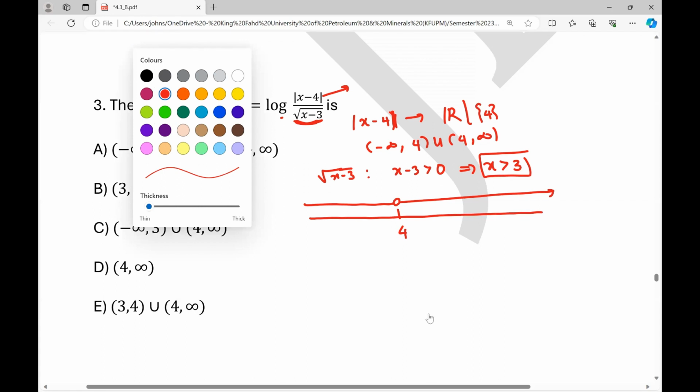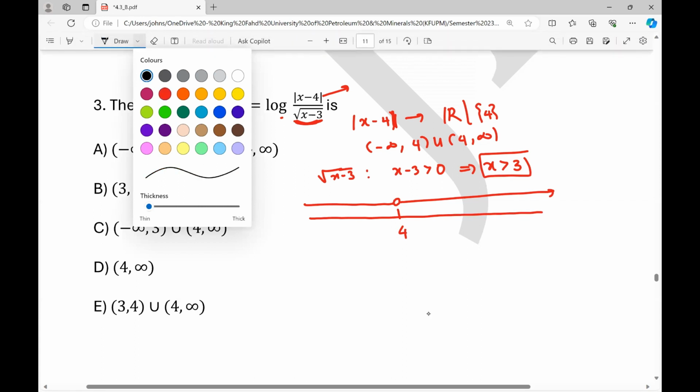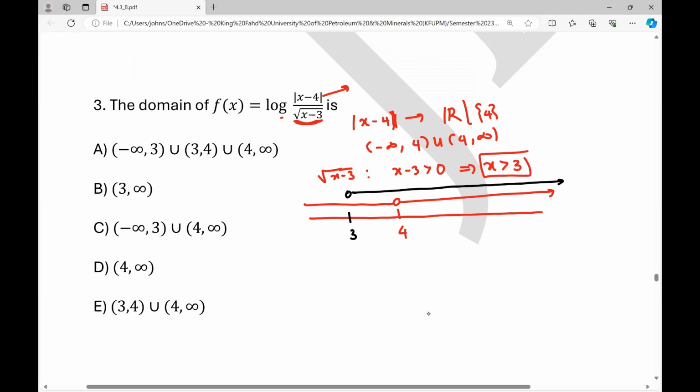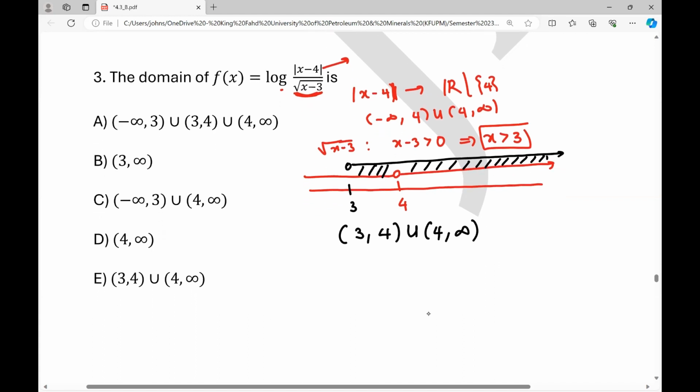So if x has to be greater than 3, then we have to move from 3. Also, we have to go this way. So you see, you cannot take any number behind. So this will just be the intersection of this one and this. So it's going to be 3 up to 4, then 4 union infinity.